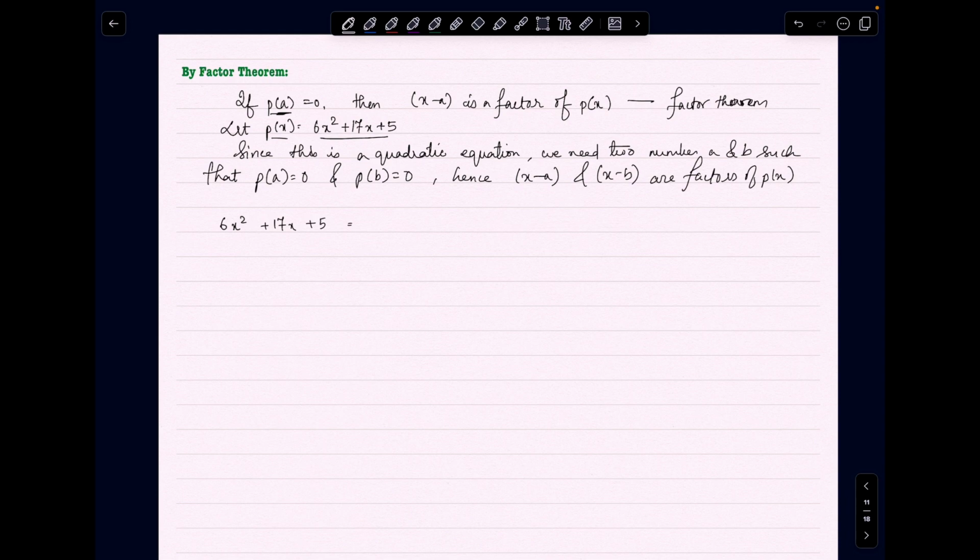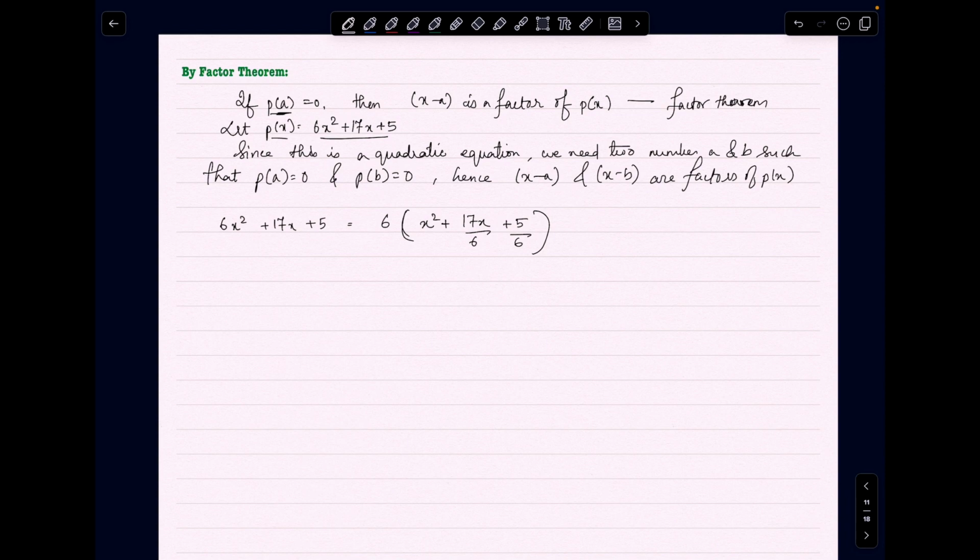Now you see this 6x square plus 17x plus 5. I am going to write it as 6 into, taking 6 common, x square plus 17x by 6 plus 5 by 6.